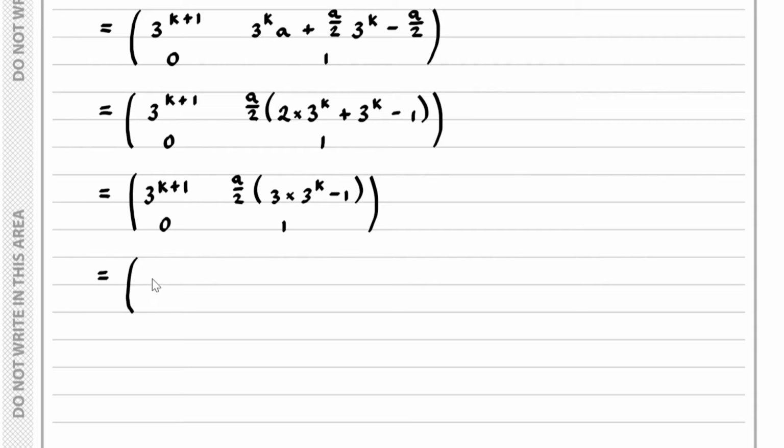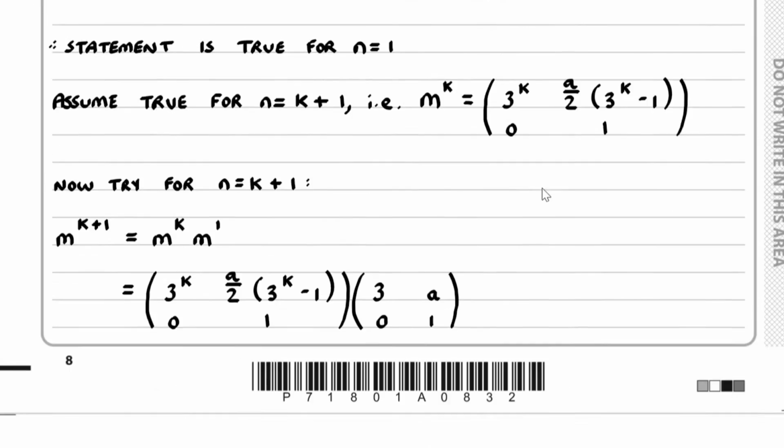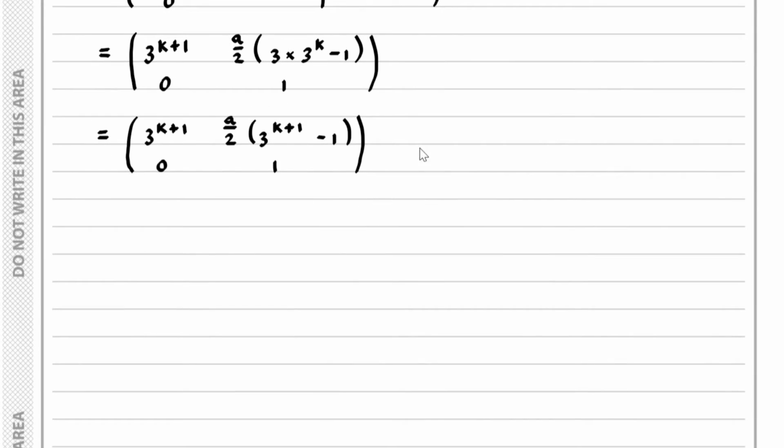So we have 3 to the k plus 1, 0, a over 2 times 3 to the k plus 1 minus 1, and then 1. And if we take a look at what we wanted to show with our goal, that's exactly what we've ended up with.